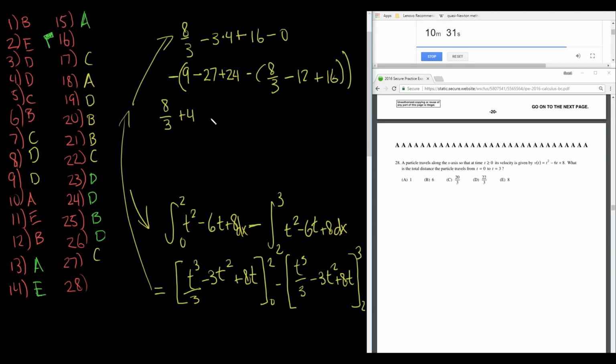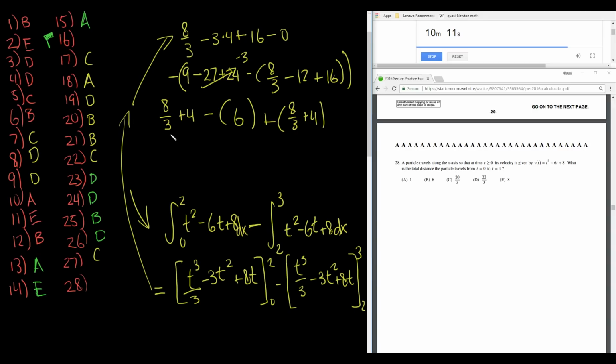8 thirds plus 4 minus, all right, so just quickly, this negative 27 plus 24 goes to negative 3, and when you add negative 3 to 9, you get 6. So minus 6, and then inside we have minus minus, so we add on again, and this is the same as here, so 8 thirds plus 4.